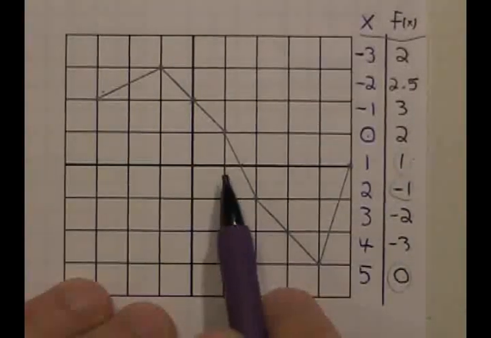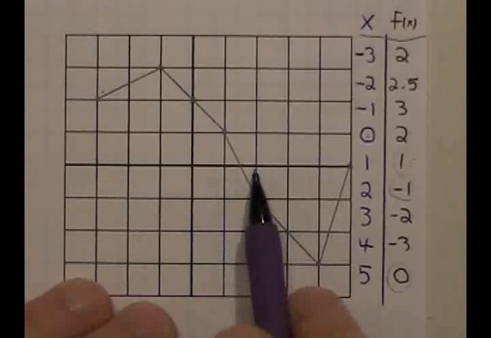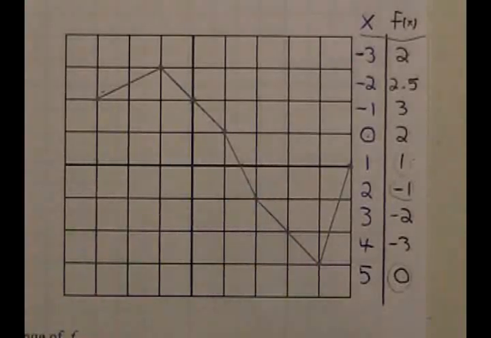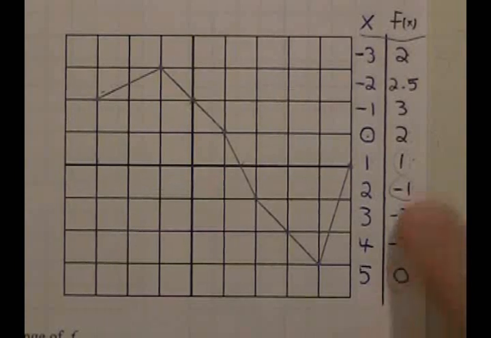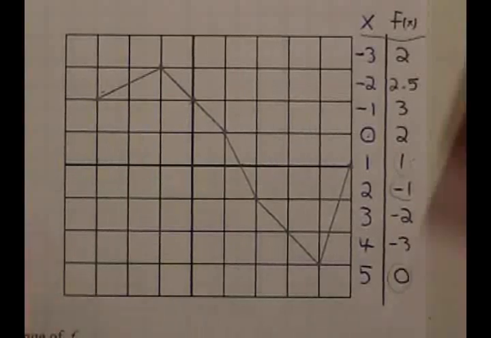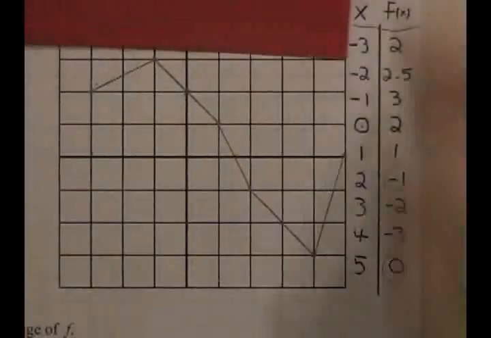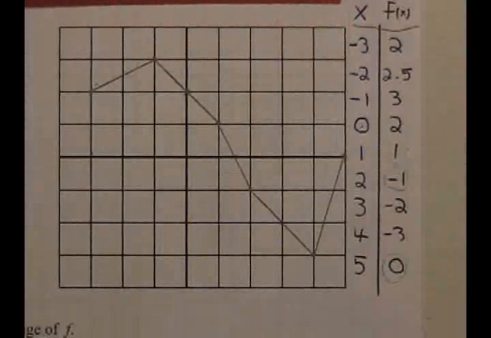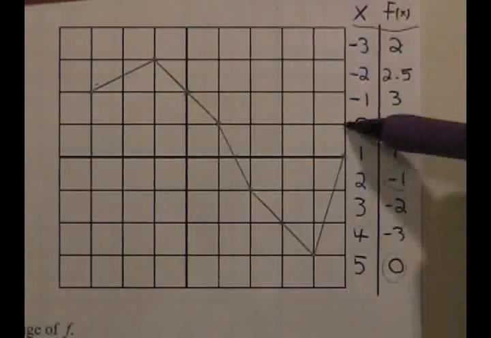Now, what's going on with 1 and 2? If you're looking at a chart, you're looking for where the outputs are inside the range that you want, which is between -1 and 1. If you're looking at it on the graph, you have to locate -1 and 1, which is everything inside this region here.